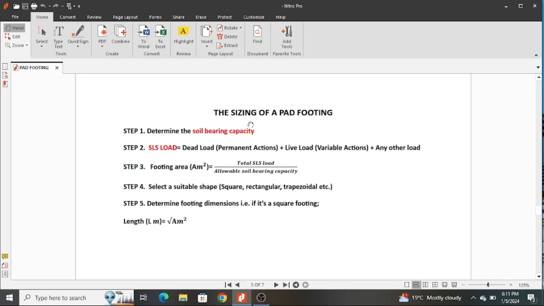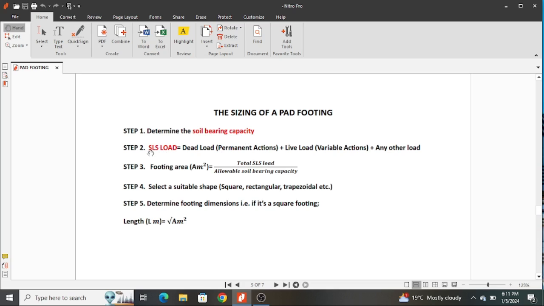This is not a very good practice, as many engineers run away from doing geotechnical investigations. But sometimes you can just also from experience, being that the loads are not so big, assume a tentative value for bearing capacity of your soil.